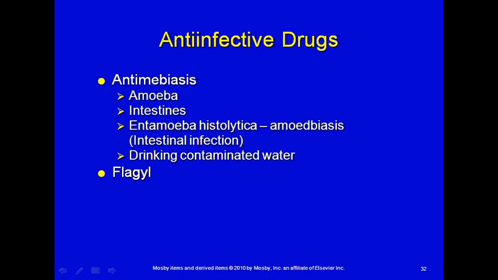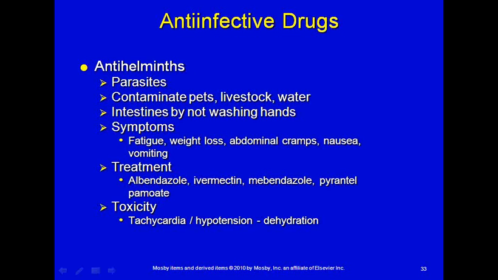Giardia is an intestinal infection that you can get from drinking mountain stream water, where animals upstream have defecated in the water. Anti-helminths. Helminths are parasites. They're found in pets, livestock, and water, and they get into your intestines when you handle these things and then don't wash your hands.